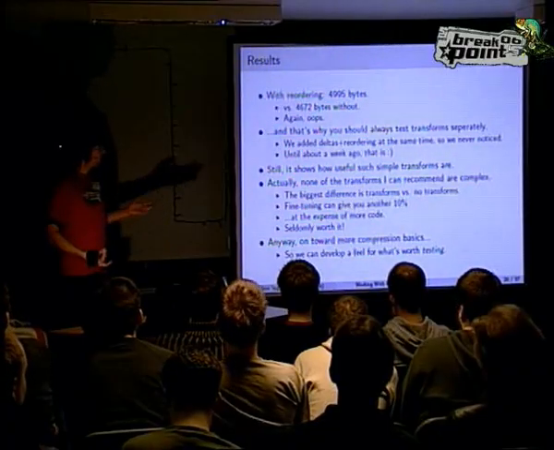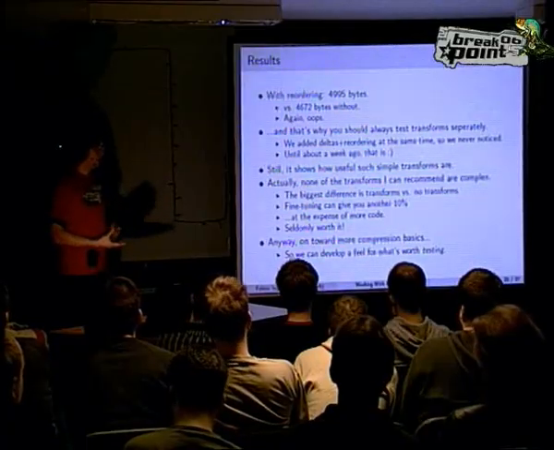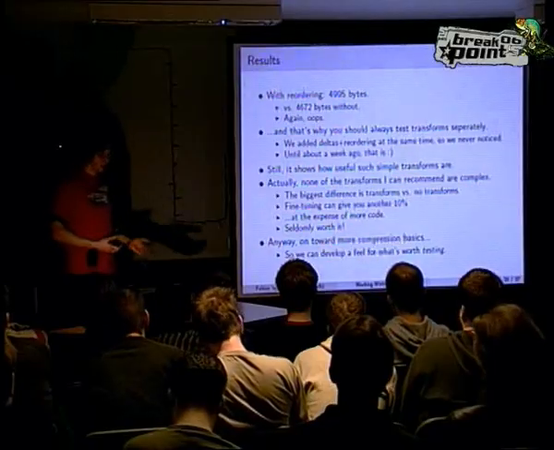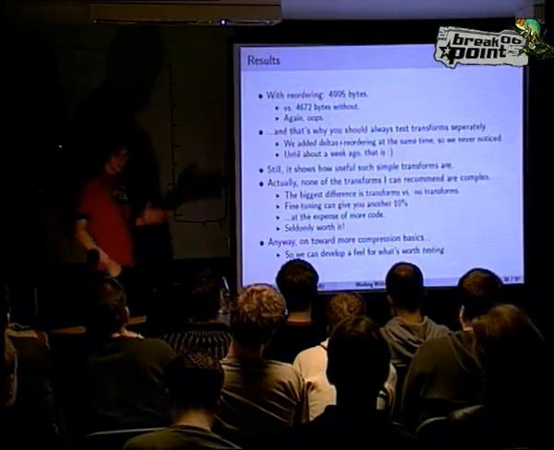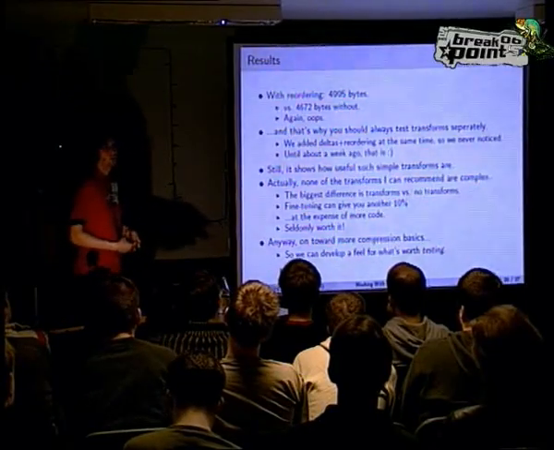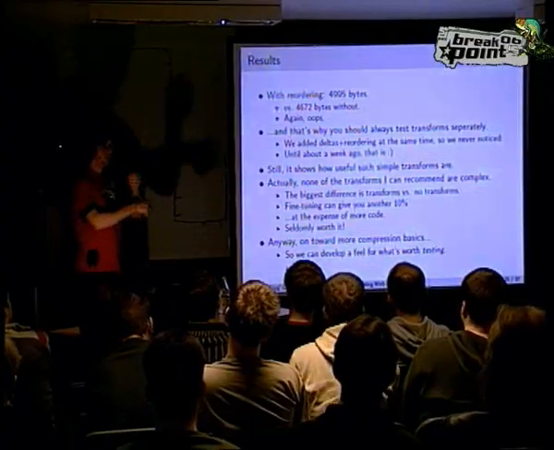It also shows how important it is to always measure whether something makes a difference, and if it's worth it. And none of the transforms I will mention here or can recommend are complex ones. It's always very simple stuff like doing differences or just reordering.